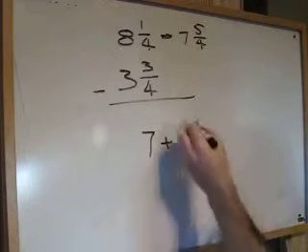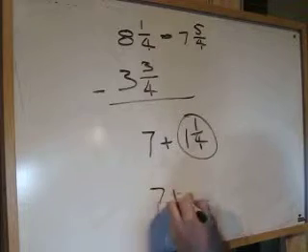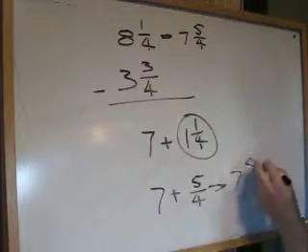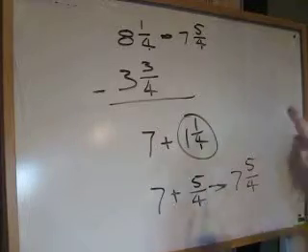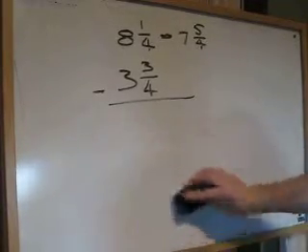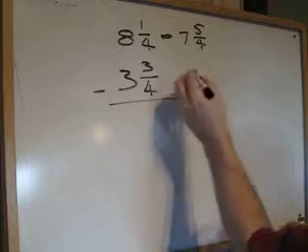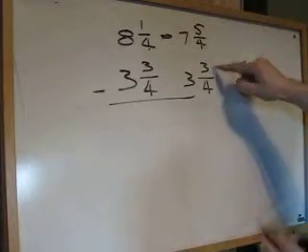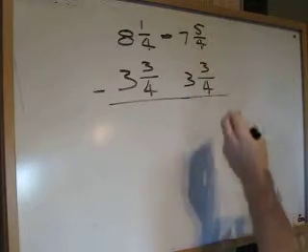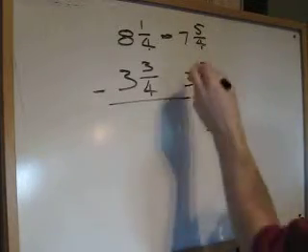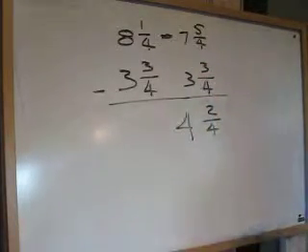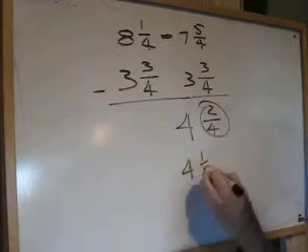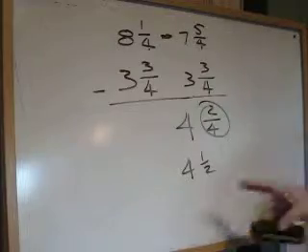Then we changed this into a mixed number and put them back together, and now we have 7 5/4, which is what we wanted to do because we wanted the numerator bigger on top than on the bottom. Now we can subtract. 5 minus 3 is 2, and 7 minus 3 is 4. So we get 4 2/4, and 2/4 reduces to 1/2. And there's our final answer.